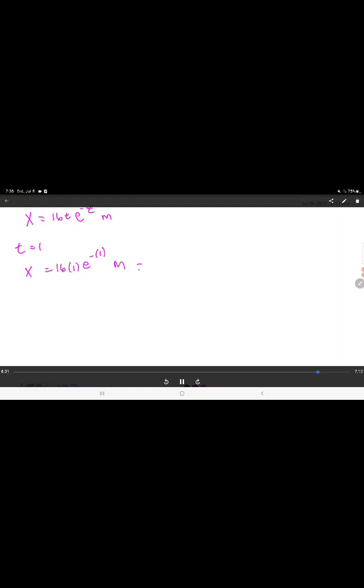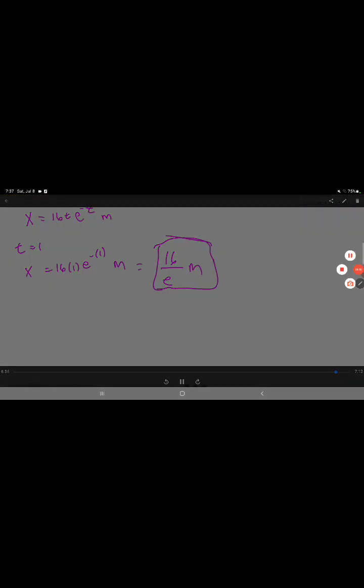And e to the minus 1 is just 1 over e. So I can give the exact answer as being 16 divided by e meters. Now you could obviously plug this into a calculator if you wanted to get an approximate solution.